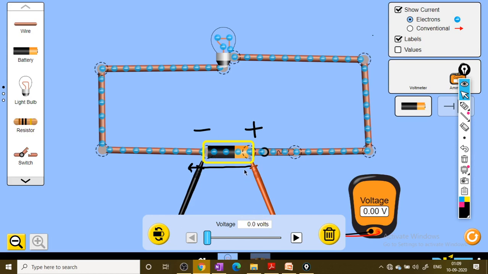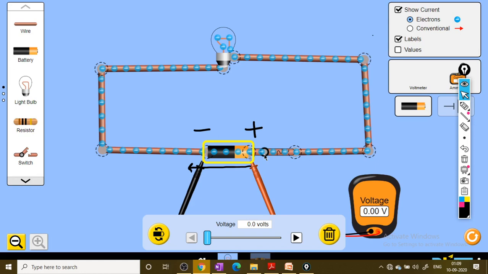That's the reason electrons are not moving. This is the case which usually happens whenever our clock won't work. Suppose our clock won't work, we will first change the cell. We think that the cell is dead.